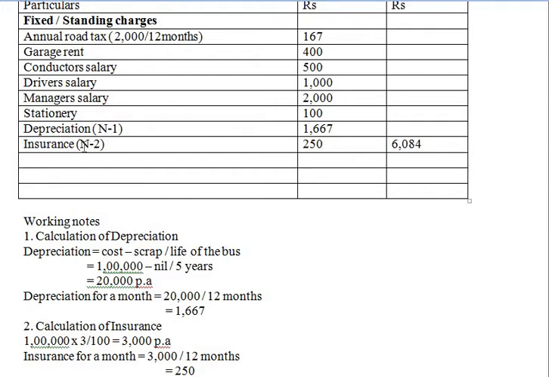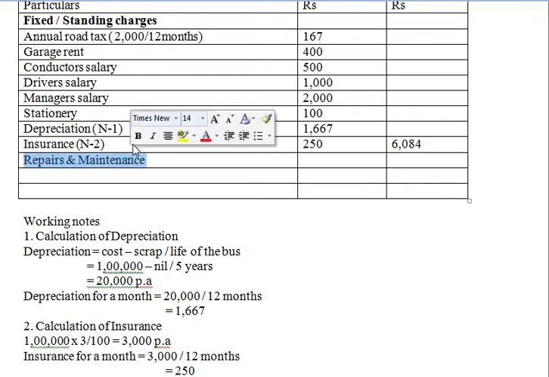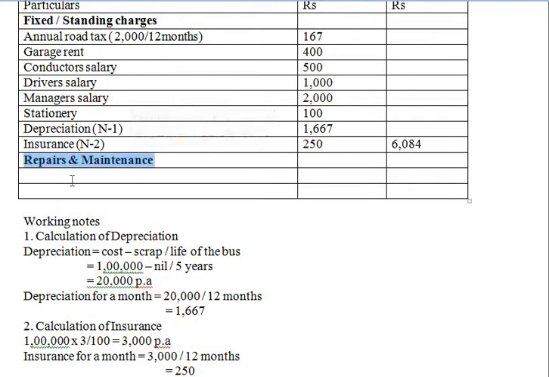Now next, repairs and maintenance. Here they have given annual repairs.